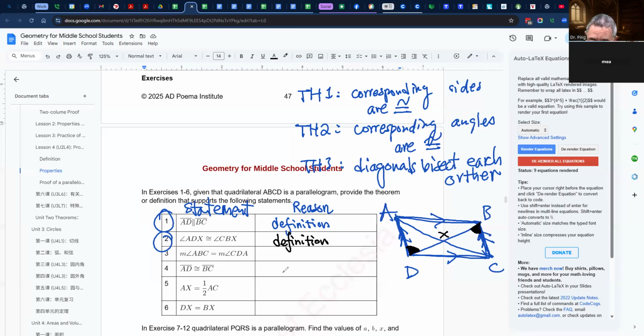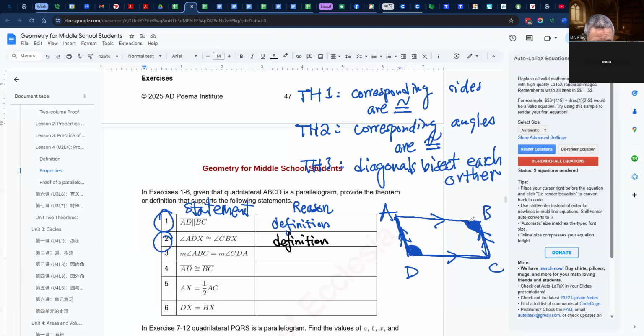Okay. Number three, the measure of ABC, this angle, is the same as CDA. So those two angles are congruent.